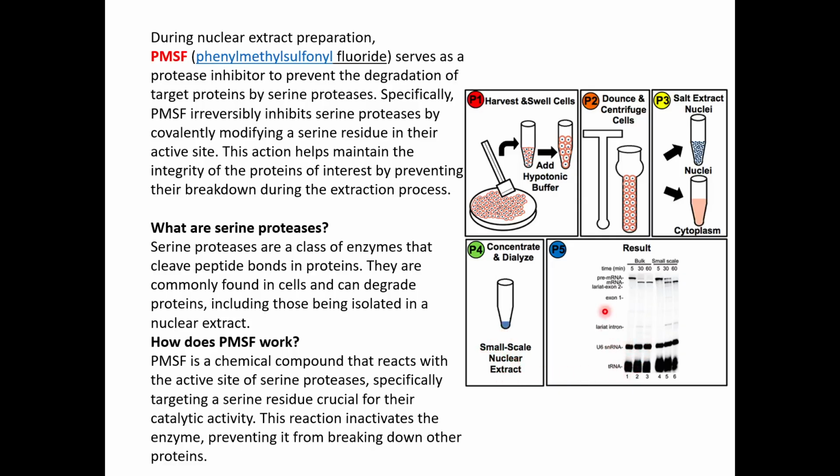Then you have your identifications, your tRNA, your snRNA, etc. Then your pre-mRNA, mRNA, exon, etc. So for all your proteins that have to be present if required in your nuclear extract, you need to add PMSF also.